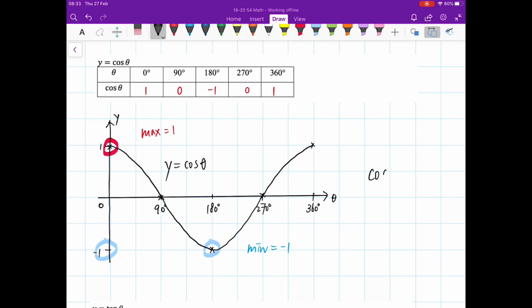So again, for cosine theta, no matter what the angle is, the range is between -1 and 1. Again, please put 2 stars. For the range of sine theta and cosine theta, we will use it in the following videos.